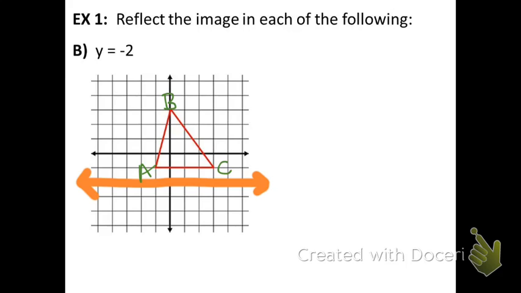You can see it's only 1, so we're going to go 1 on the other side to get our A prime. C is also 1, so I'm going to go 1 away from the line to get my C prime. And B is 5 away, and I'm off my graph. 1, 2, 3, 4. About right here would be our B prime. And there our triangle is.